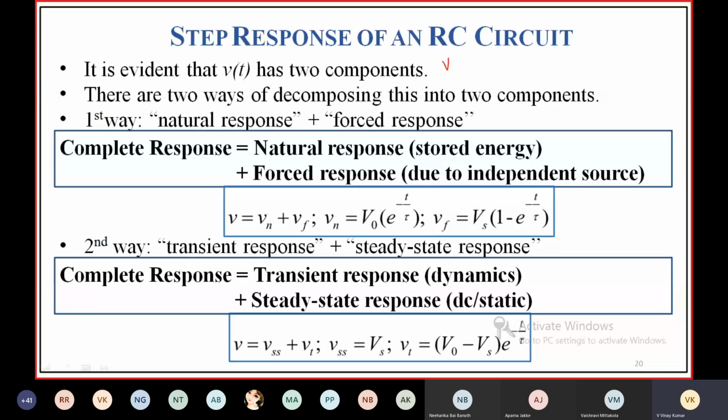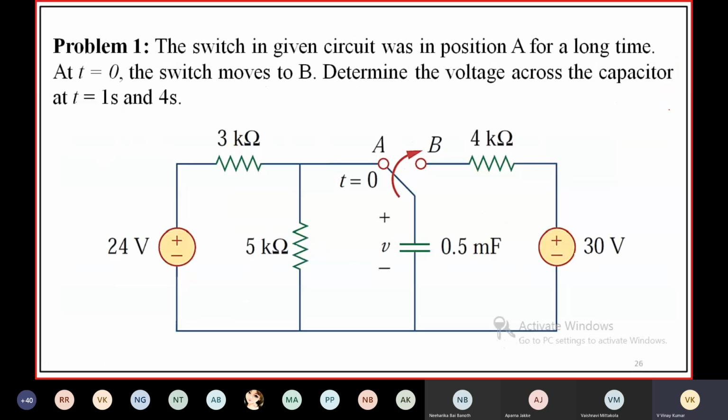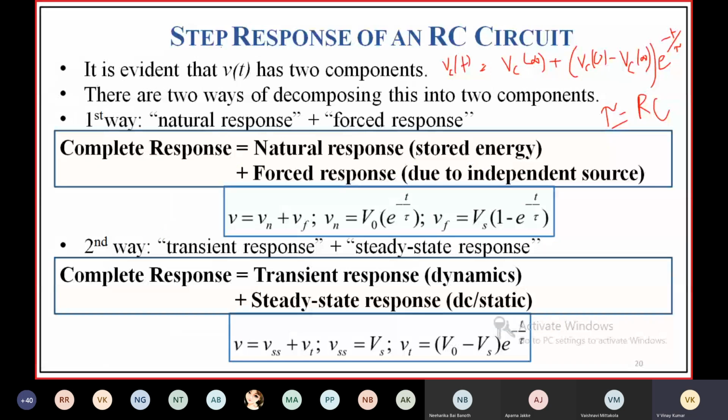General formula: Vc of t is equal to Vc of infinity plus Vc of 0 minus Vc of infinity into e power minus t by tau, where tau is equal to RC. Tau is the time constant. Let me define the time constant here.